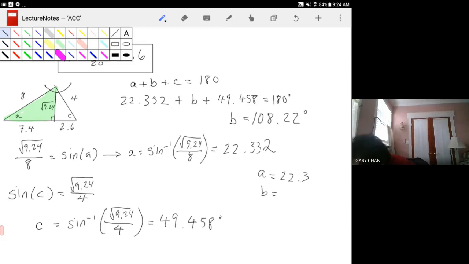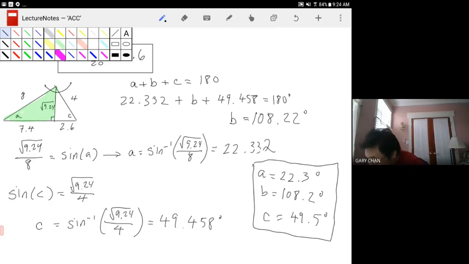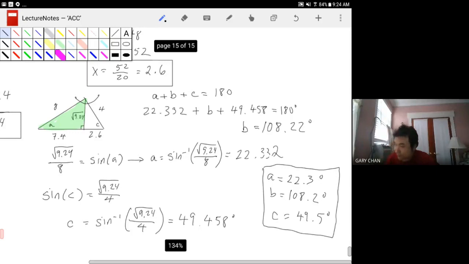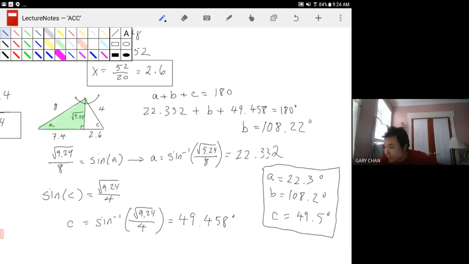Yep. So it's going to be 108.2, and then angle C is 49.5. So there you have it. Again, this is not the most efficient way of solving this, but at the very least, you guys are able to solve for this weird looking triangle that's not a right triangle.